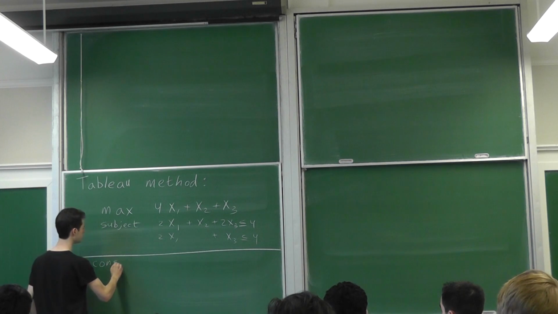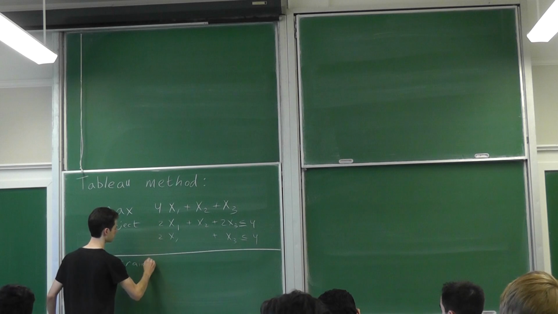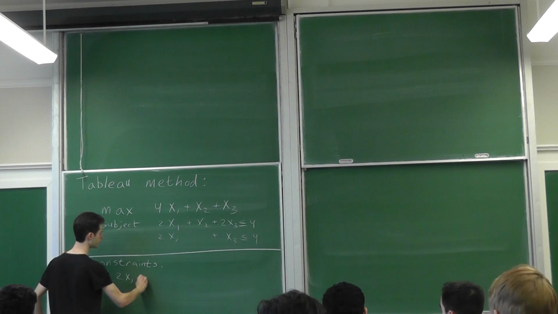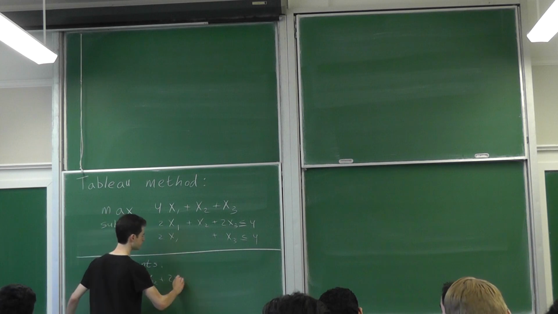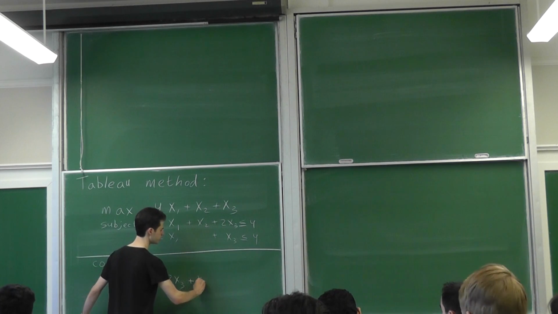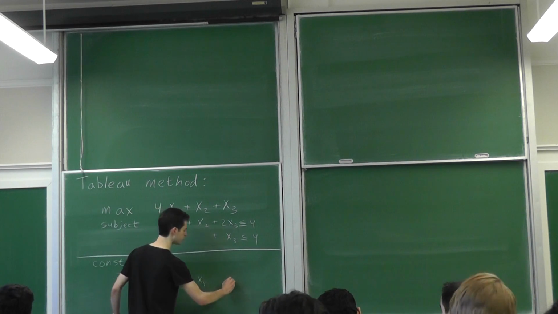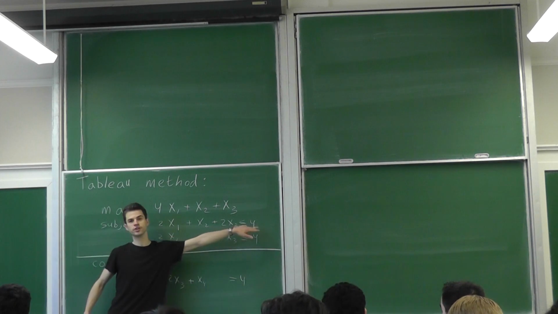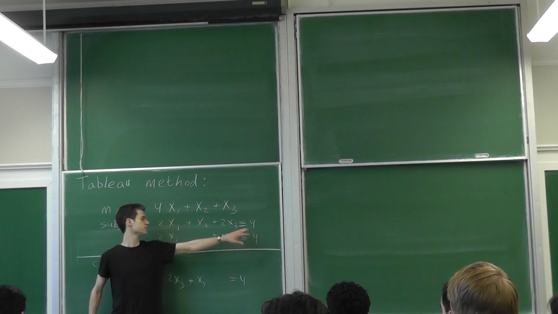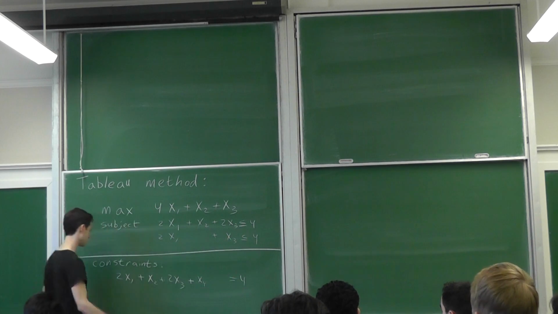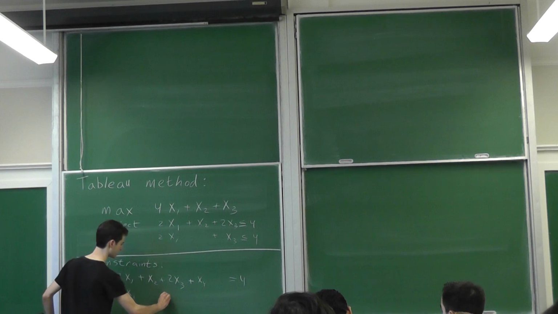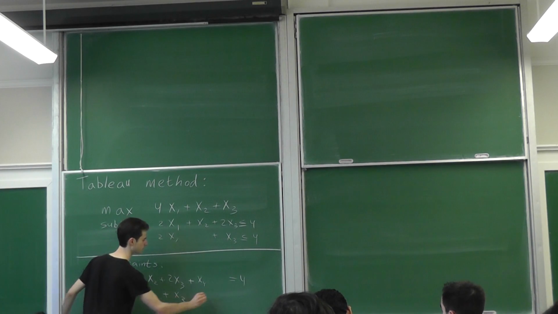So my constraints I will write in such a way: 2x1 plus x2 plus 2x3 plus a new slack variable x4 is equal to 4. If this is smaller than that, I can add something positive and make it equal. Similarly, here I will introduce the slack variable x5.